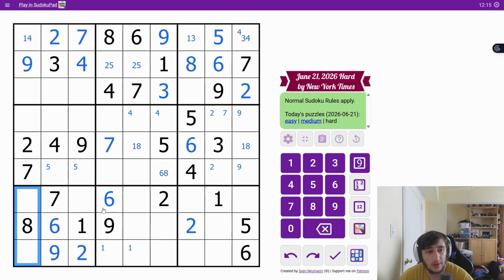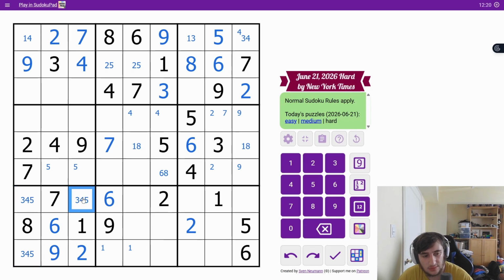One of these 2 is a 4. Actually, I'll just do it like this. 3, 4, 5, and this one can't be a 4. That's a 3 or a 5. That has to be a 4.